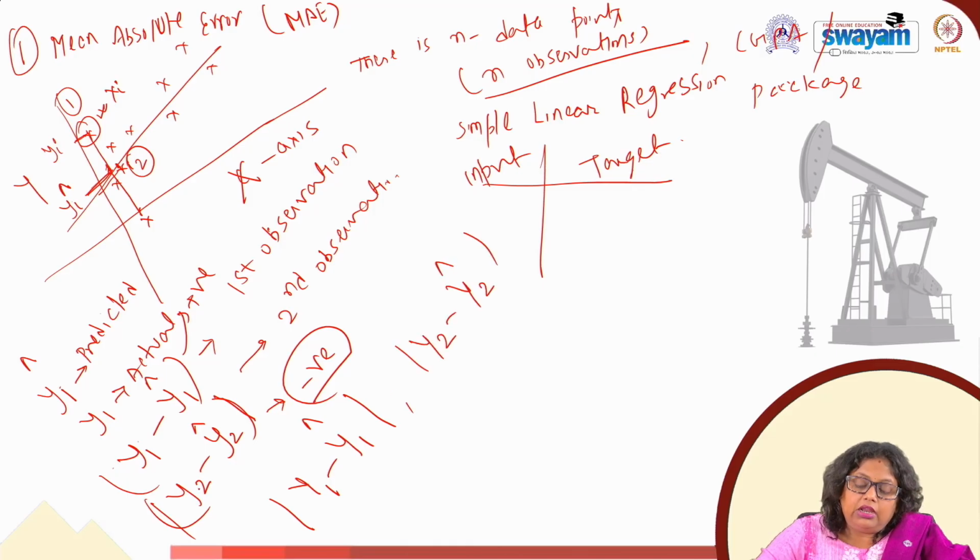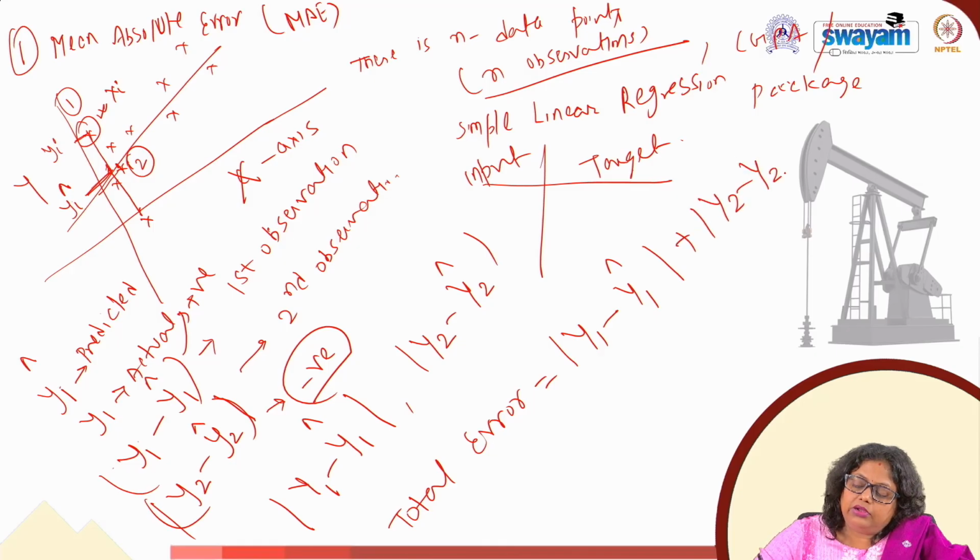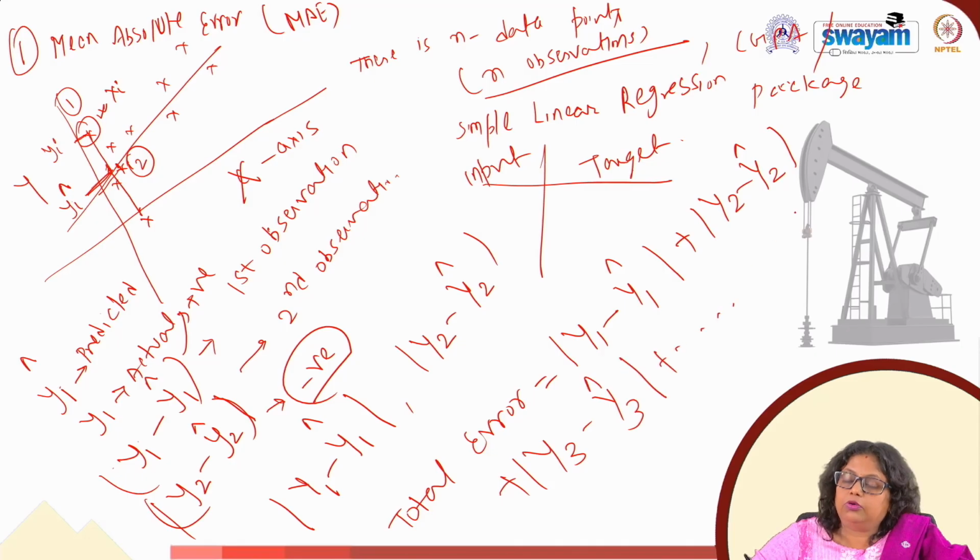Now, what would be the total error? We need to consider all points: y1 minus y1 hat plus y2 minus y2 hat, plus y3 minus y3 hat, and so on up to n points.